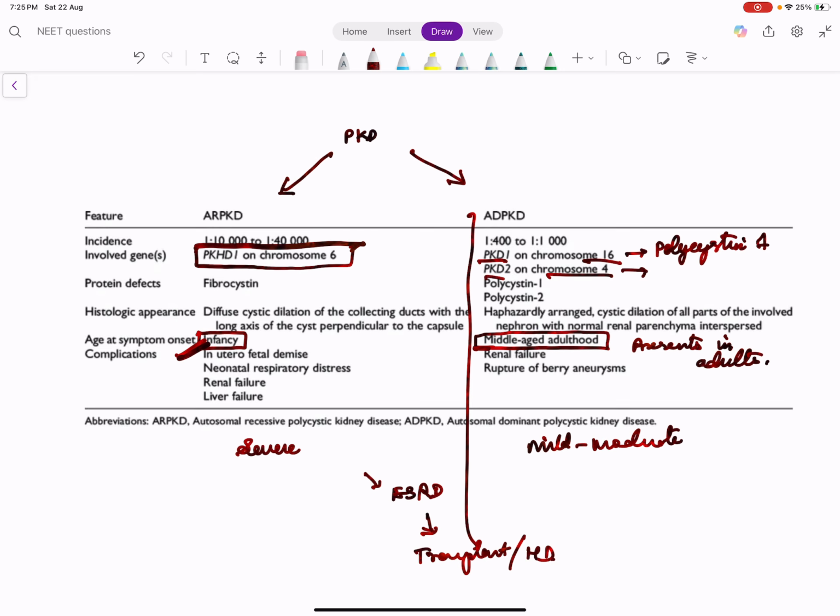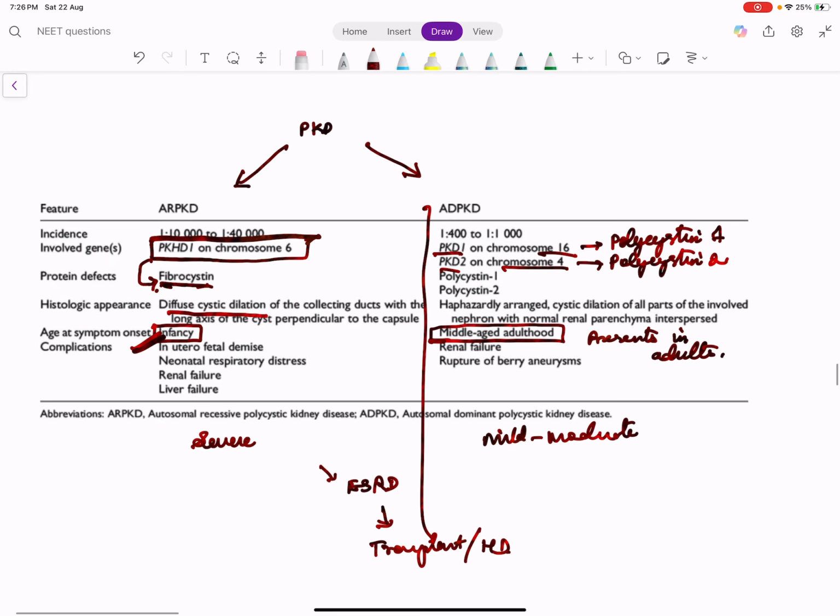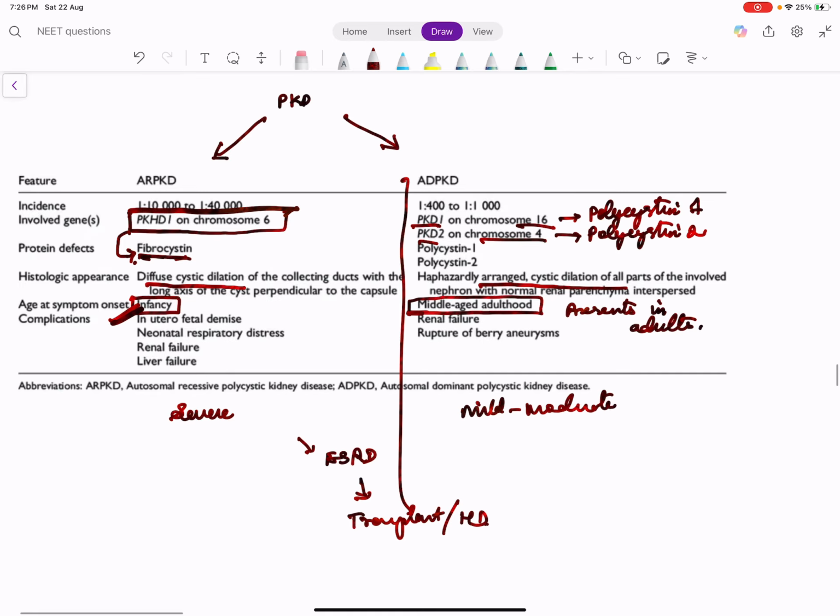PKD2 in chromosome 4 produces polycystin 2. So these proteins are deficient. In ARPKD, PKHD1 normally produces fibrocystin 1 that is deficient. So both cause cystic diseases. There will be diffuse cysts in ARPKD, and haphazard cysts in ADPKD.